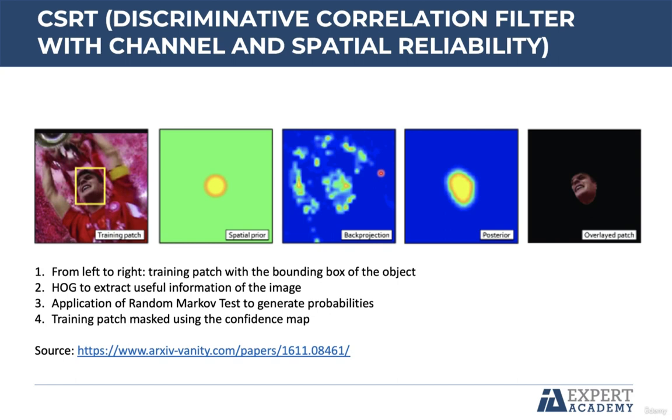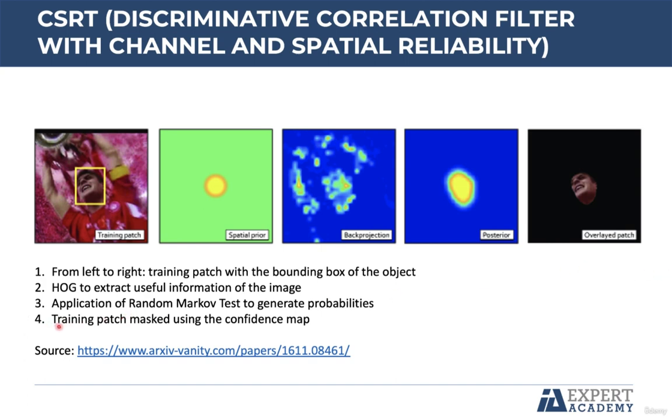For example, if the person turns his face to the other side, in this part here, the prediction will be made in order to verify if the movement is of this person so that the algorithm continues tracking.